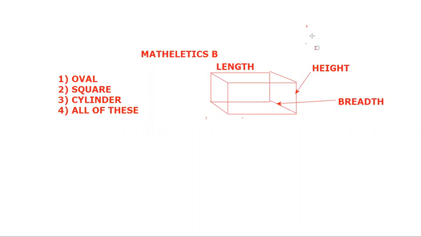Let's go to number 5 quickly. How many lines can you draw passing through both points P and Q? 2 points are given. One point is here and the other point is here. Let me name these 2 points.